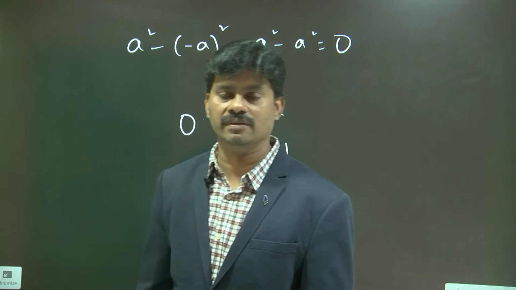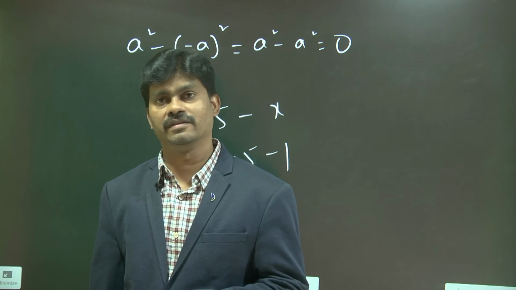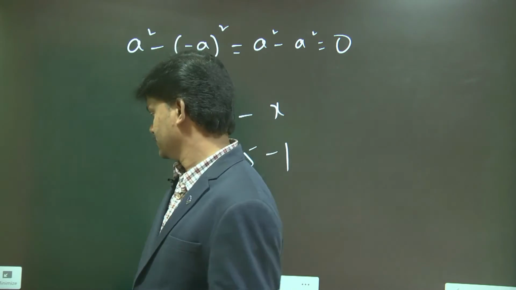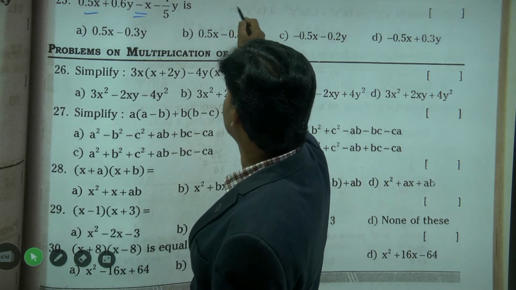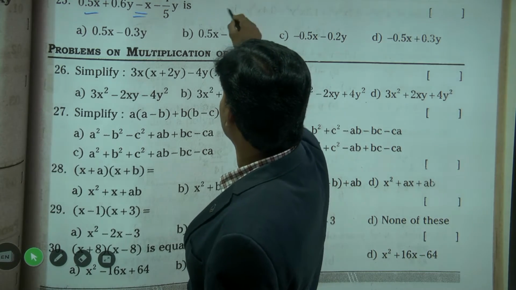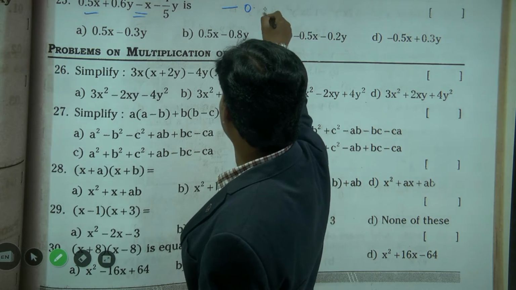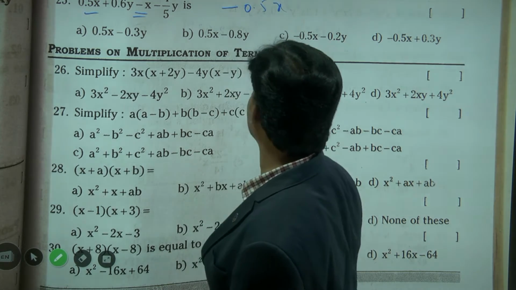Minus 0.5. Subtract 0.5 from 1, because 1 is the bigger, then 0.5. So obviously we get minus 0.5x, right? Minus 0.5x.